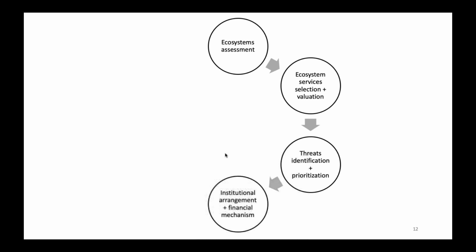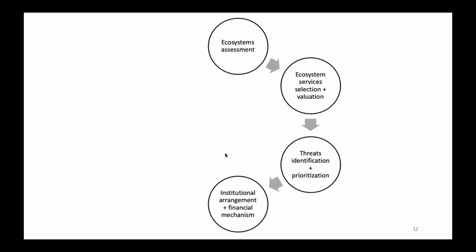Valuation, as I'm going to say in a bit, shouldn't be a requirement specifically, but it helps very much in different stages. So I highly recommend it. Then conducting a threat identification and then a prioritization of the main threats of the ecosystems that we selected.